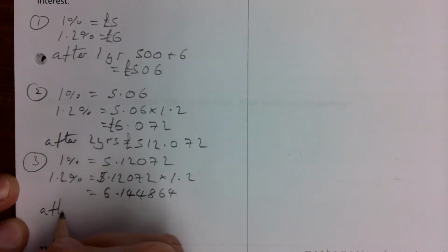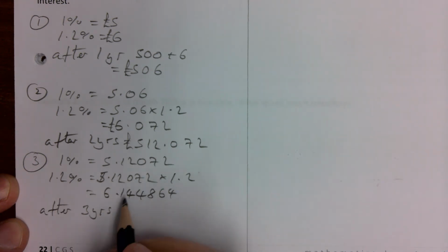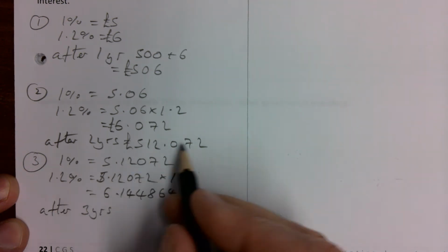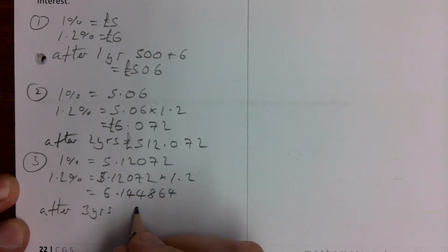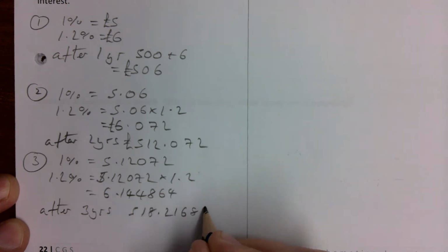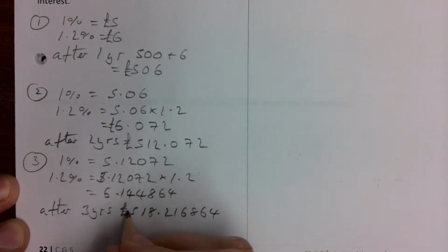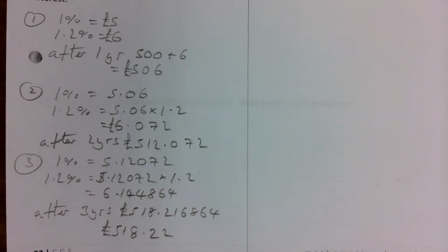So after 3 years, we add 6.144864 onto the 512.072, so we would have 518.216864, and of course we would round that to £518.22 to the nearest pence because we're working with money.